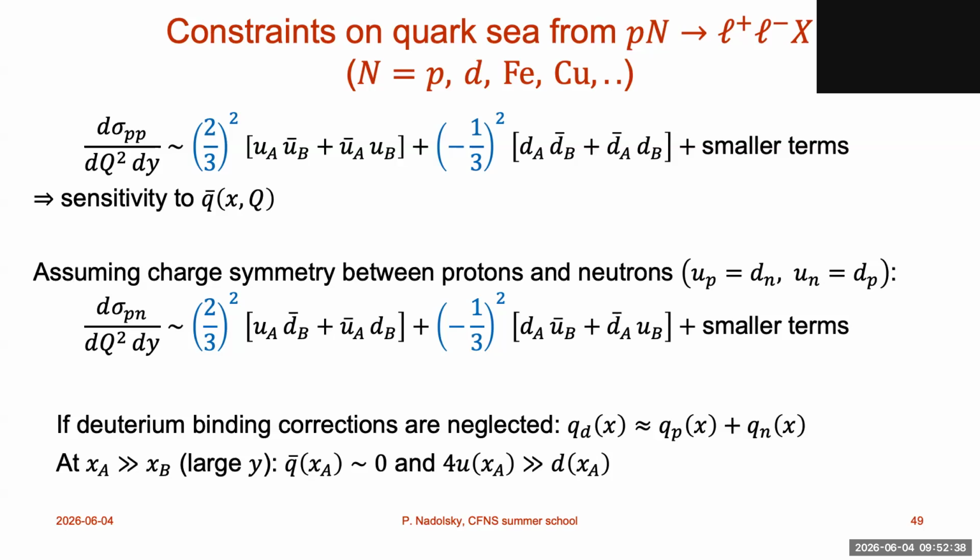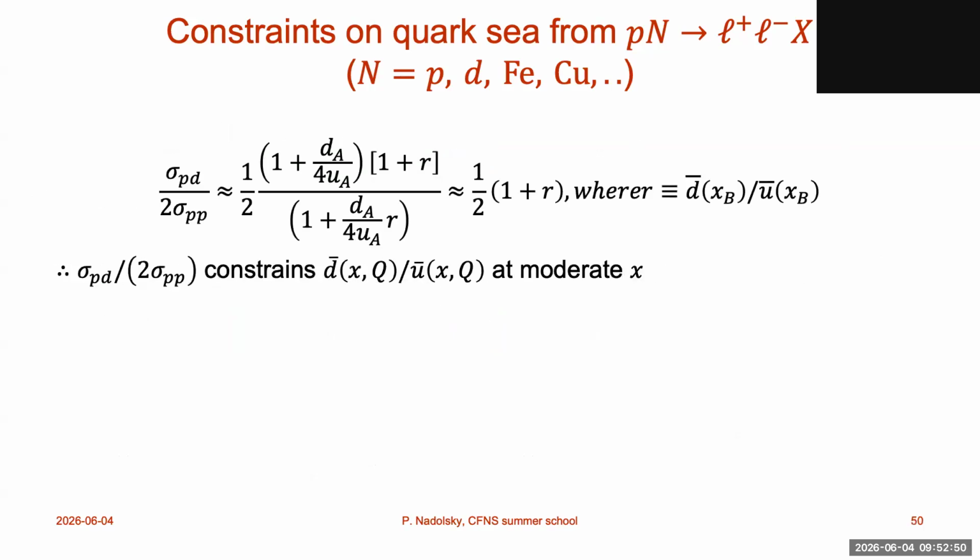And you also assume that the up-type valence PDF is about 4 times larger than the down-type valence PDF. Okay, so then if you write down this expression, for example, you could take sigma PD over 2 sigma PP, and you use this leading order formula.